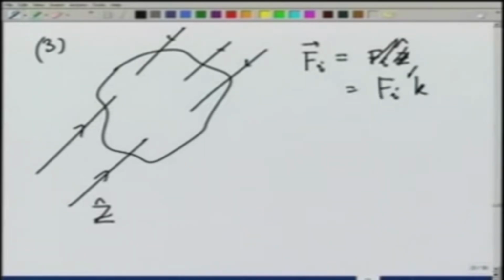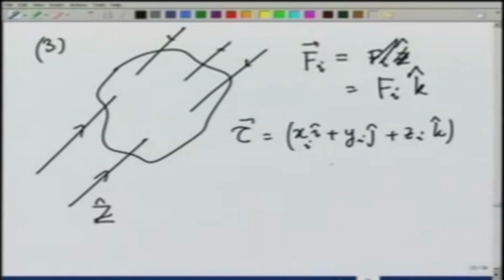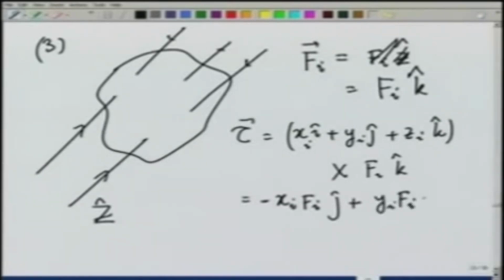And therefore, if I were to calculate their torque about any given point, the torque which is (x_i i plus y_i j plus z_i k) cross F_i k would give me again x_i F_i, i cross k is j with a minus sign, plus y_i F_i, j cross k is i.